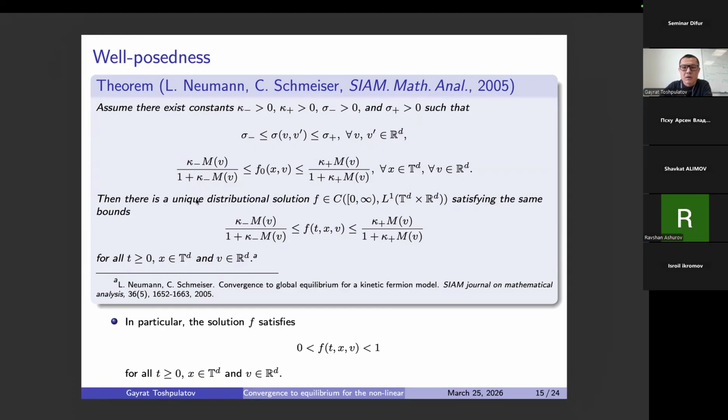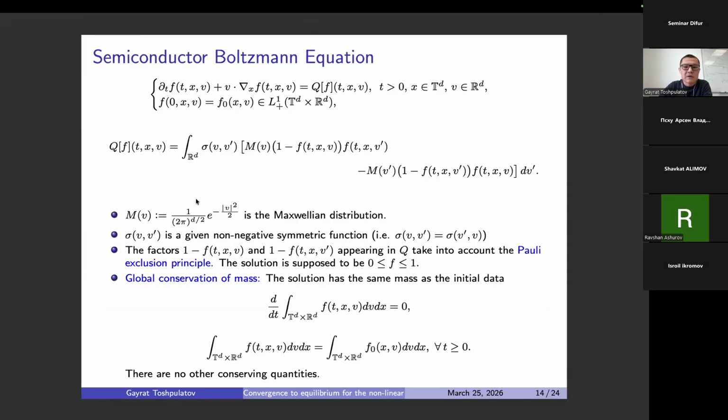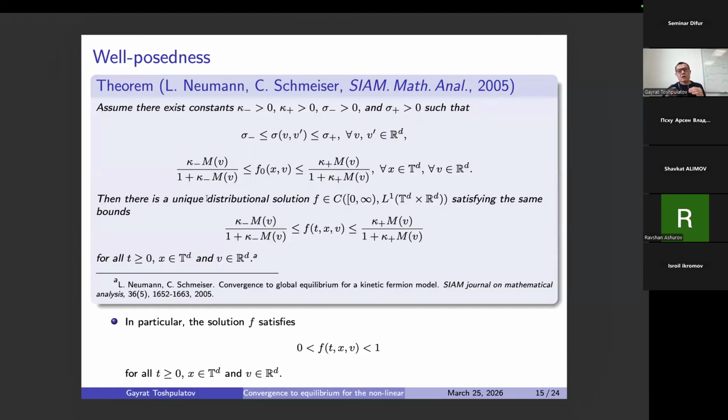is this Maxwellian distribution. It's given here. So if we have such bounds on the initial data, these people showed that there exists a unique distributional solution, and the solution satisfies the same bounds as the initial data. So we have somehow a maximum principle for this.